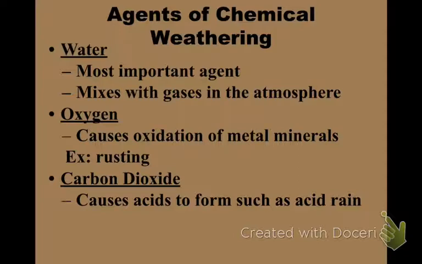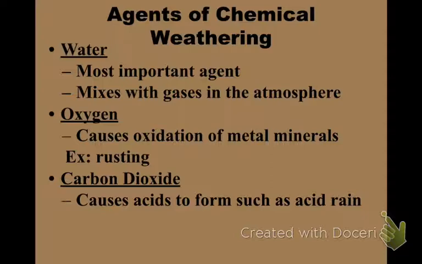When you have water vapor in the air, or even water in a lake, but let's look at water vapor for now, that gas can mix with other gases in the atmosphere. And when it does that, it can cause our precipitation to come down as an acid.